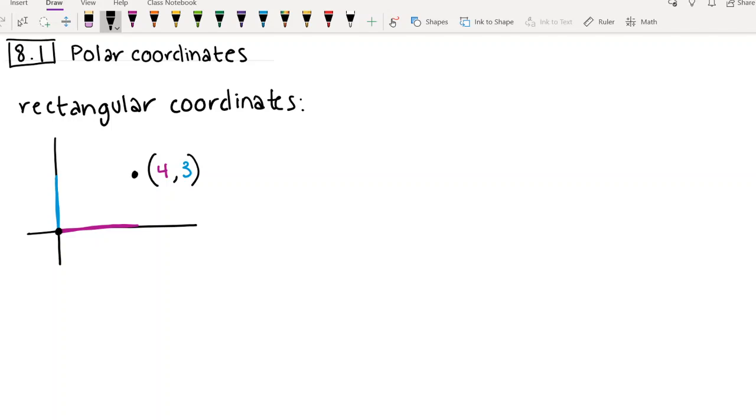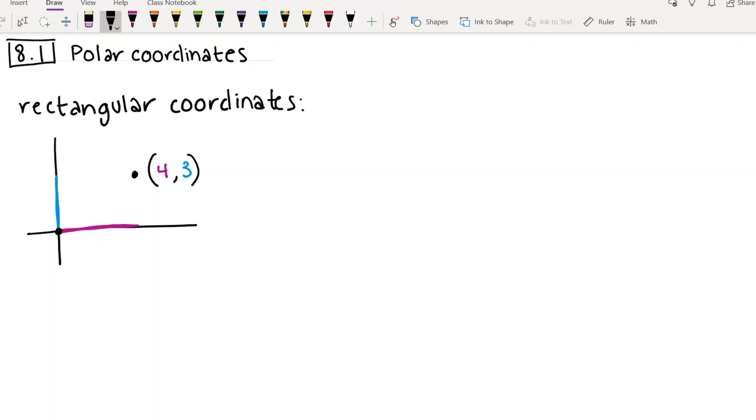Well, you could think of it as 4 blocks east and 3 blocks north, right? 4, 3 means you have to go 4 blocks east, 3 blocks north. So that's one way of describing where a point is, or where maybe your friend's house is in a city that you're trying to get to: you can describe how far east, how far north you have to go.